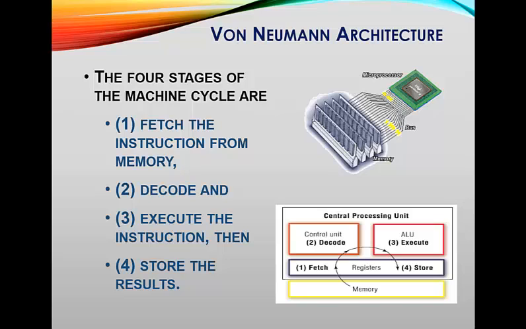Then a controller would take care of decoding that instruction and creating the architecture and the circuitry needed and required for carrying out the instruction. Then the execution of the instruction will take place in the central processing unit. And once this instruction is executed, then the result of that instruction, if needed, is going to be stored.